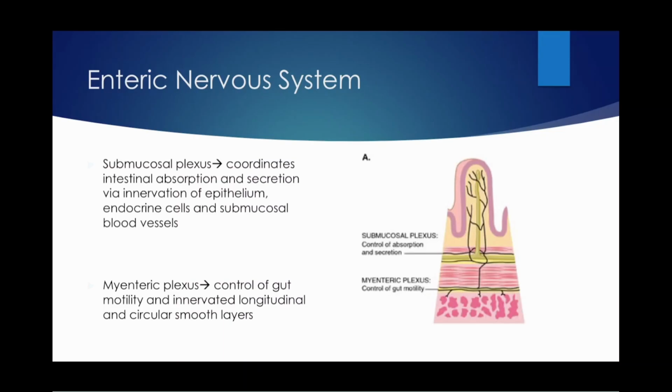The submucosal plexus handles intestinal absorption and secretion via innervation of the epithelium, endocrine cells, and submucosal blood vessels. So secretion and absorption are controlled by the submucosal layer. The myenteric plexus is just gut motility, and these longitudinal and circular smooth muscles allow your GI system to kind of act like a snake.